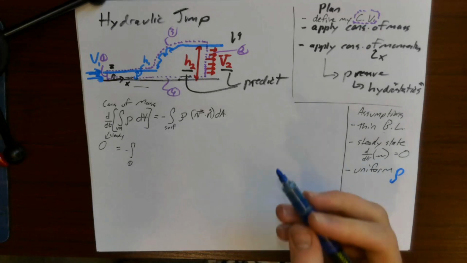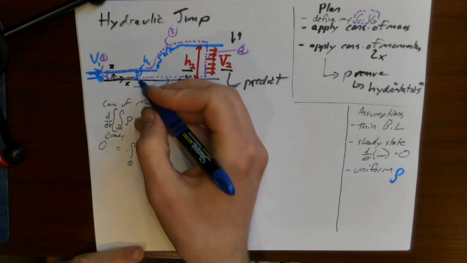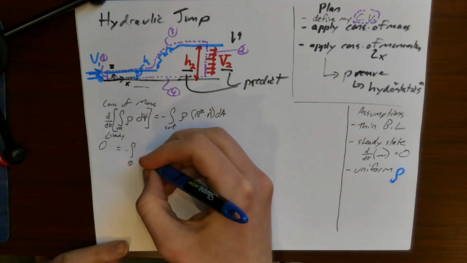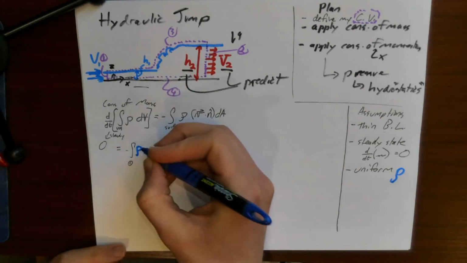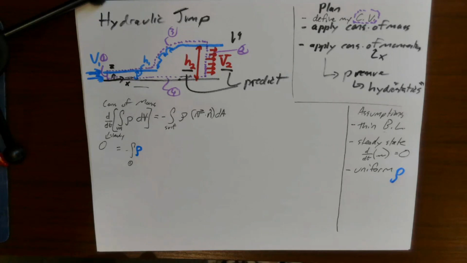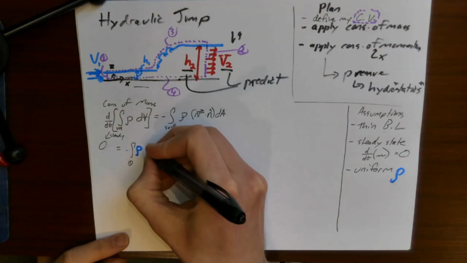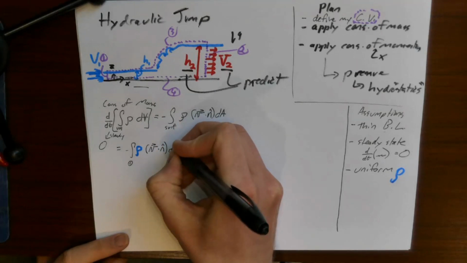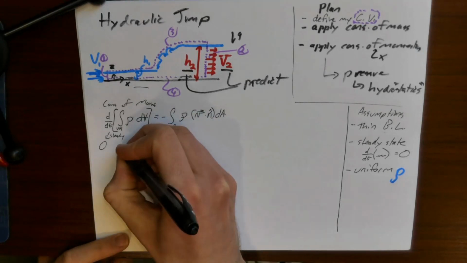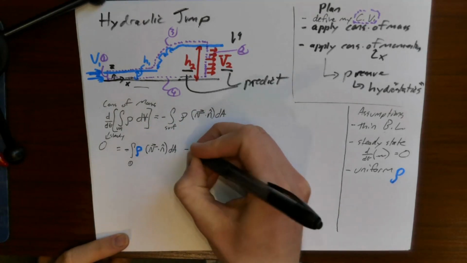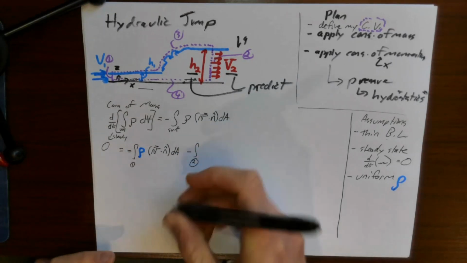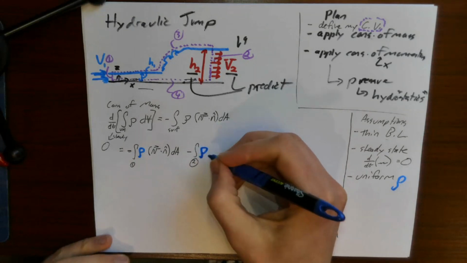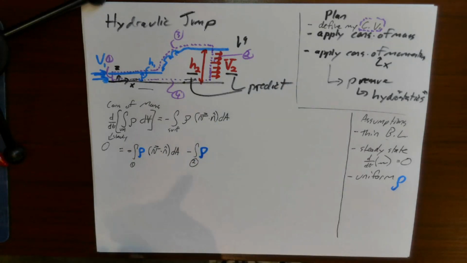Although, that would be a pretty interesting sink. So basically we're just going to treat some uniform density of the fluid up here as a known constant. So we have rho times v dot n dA, and then over surface 2 we have rho v dot n dA, and we can do it for the rest of them as well.